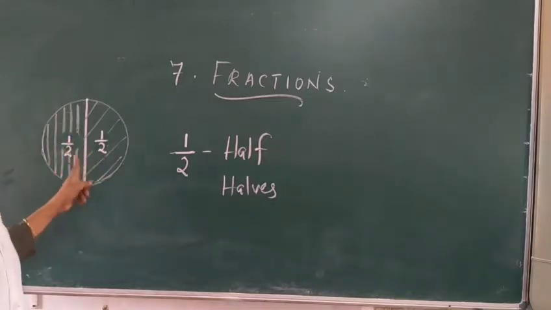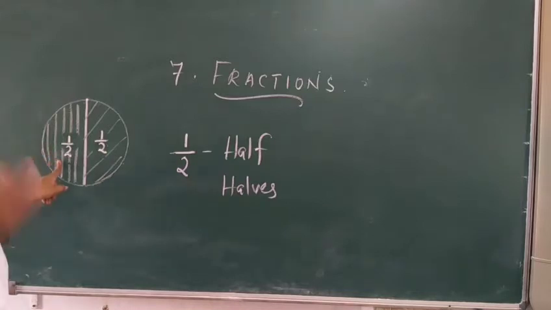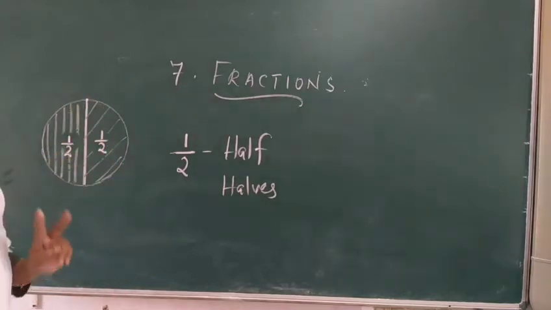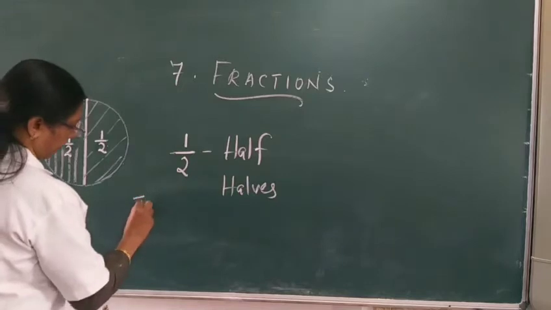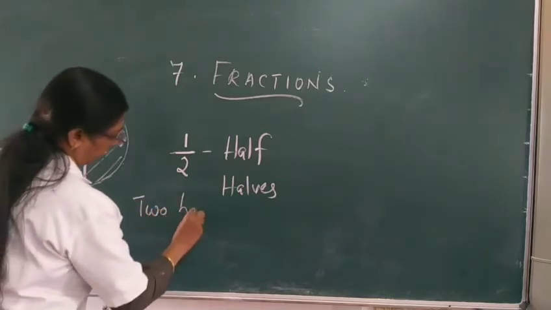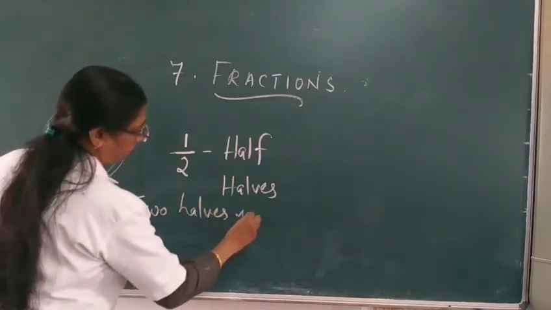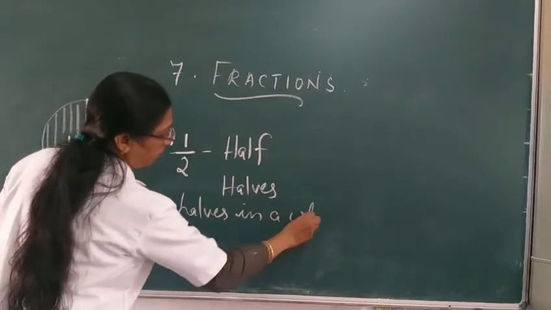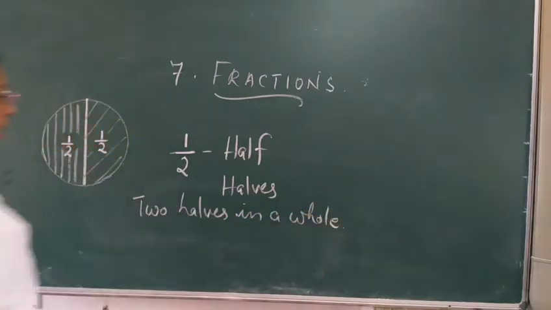Each part is called 1/2. It is 1/2, and this is also another 1/2. So we can say there are 2 halves in a whole.